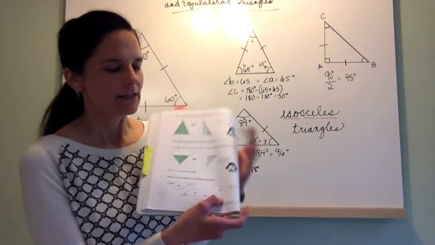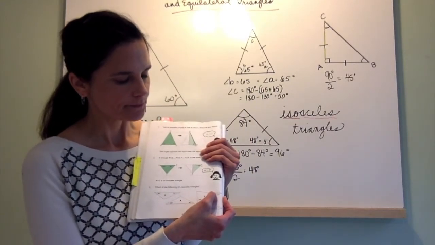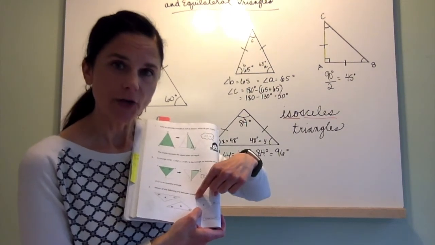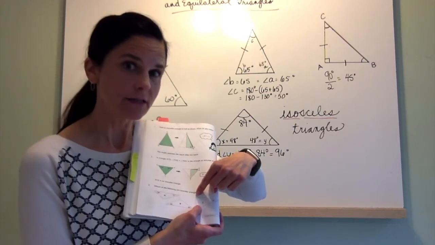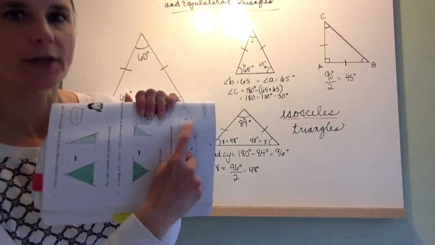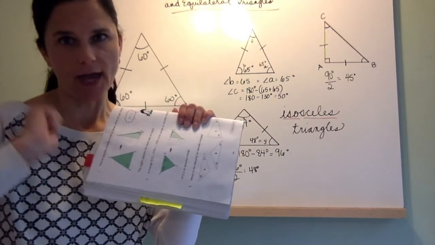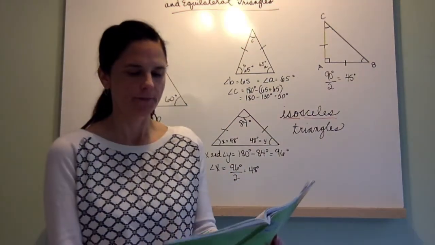If you add 75 plus 30, you should get 105. And to find the unknown angle, 180 minus 105 is 75. So these 2 angles are equal to one another. So these 2 sides must be equal. So check, and yes, triangle C is an isosceles triangle.